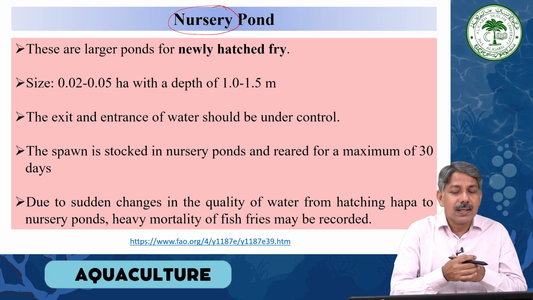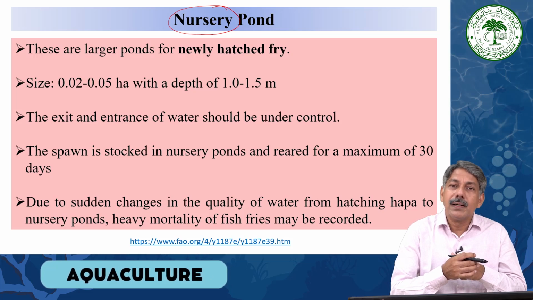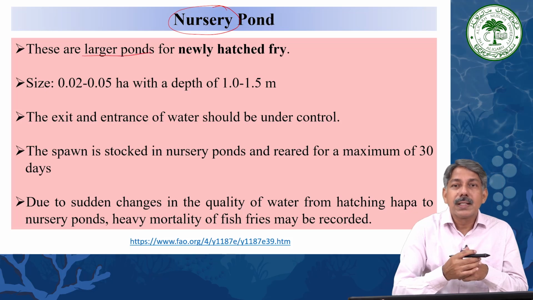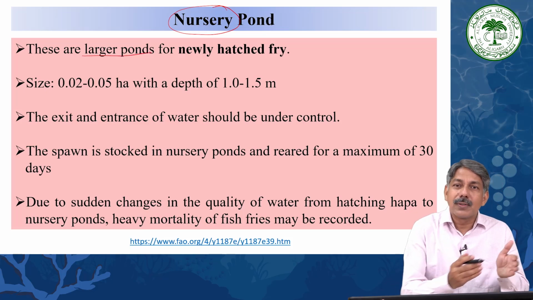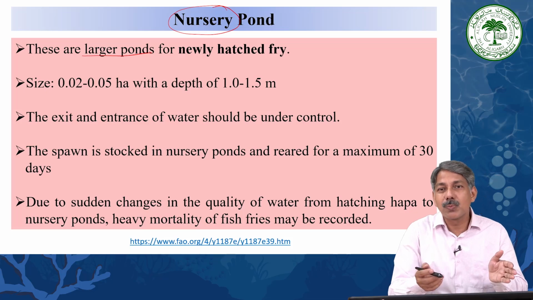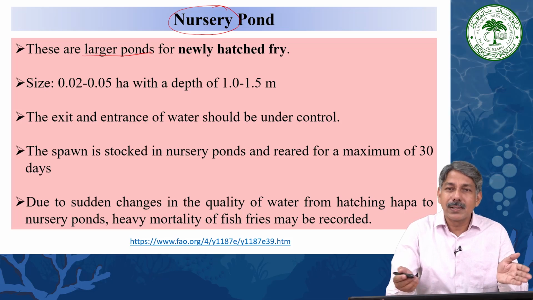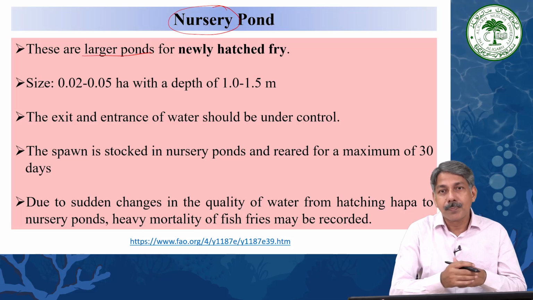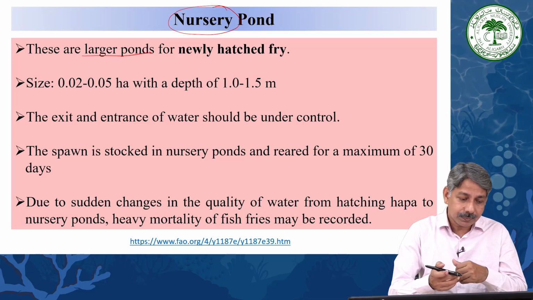Then we stock them in nursery ponds. They are not necessarily larger than where they were earlier in the hatchery, but nursery ponds may be smaller or larger depending on the scale of fish culture or seed production you have.